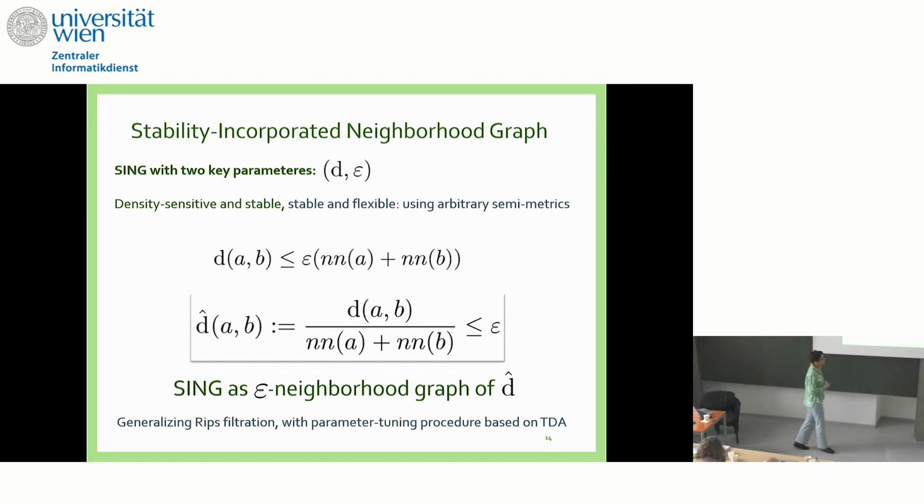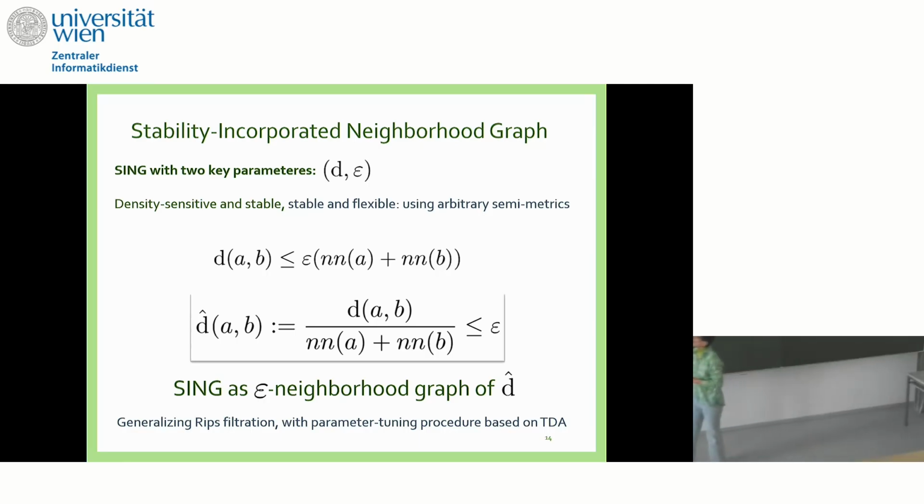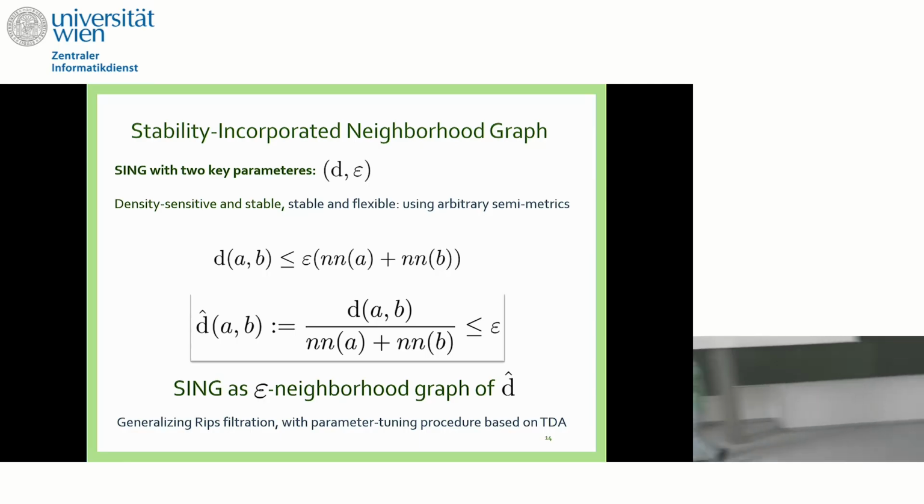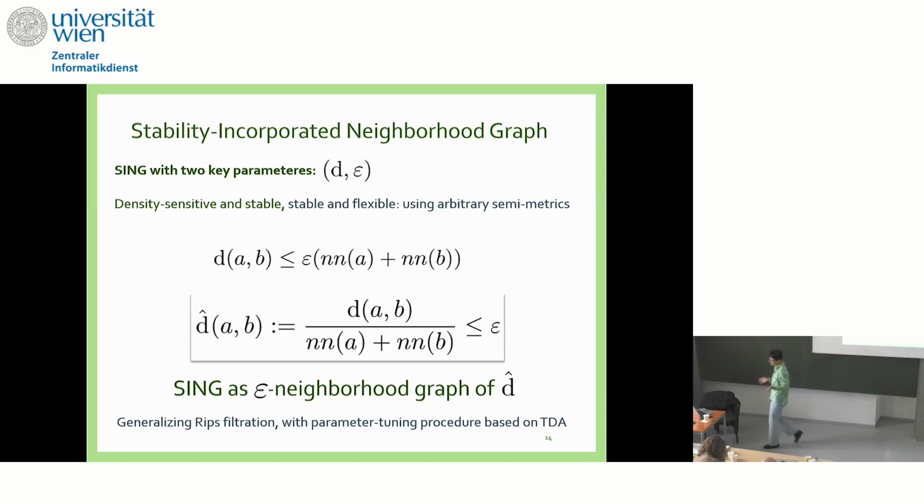So the idea is to simply rewrite everything in this sense and define what we have shown here as a density-sensitive semi-metric, because it's not a metric anymore, but it doesn't matter. We can consider it and use it as a kind of generalization of epsilon neighborhood graph, right?